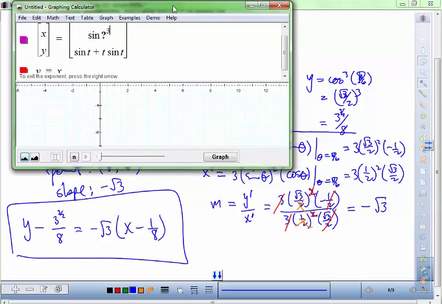Sine t cubed. Now I know it says theta, but this particular program uses certain variables for certain things. In this case, for parametric equations, they use t. Cosine. Maybe I should put parentheses around here just in case.